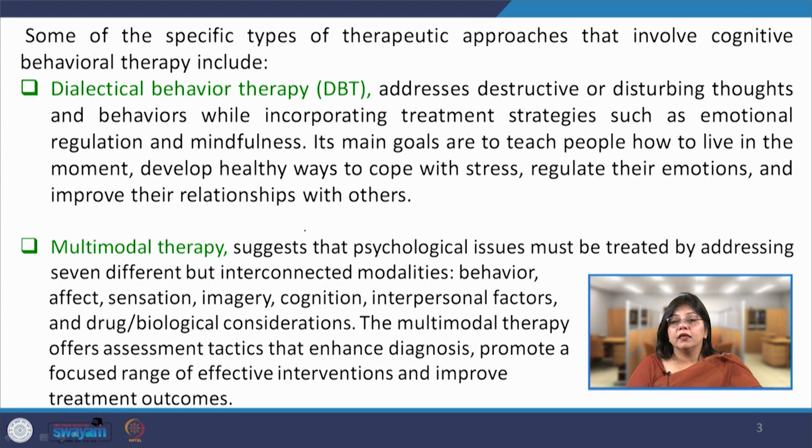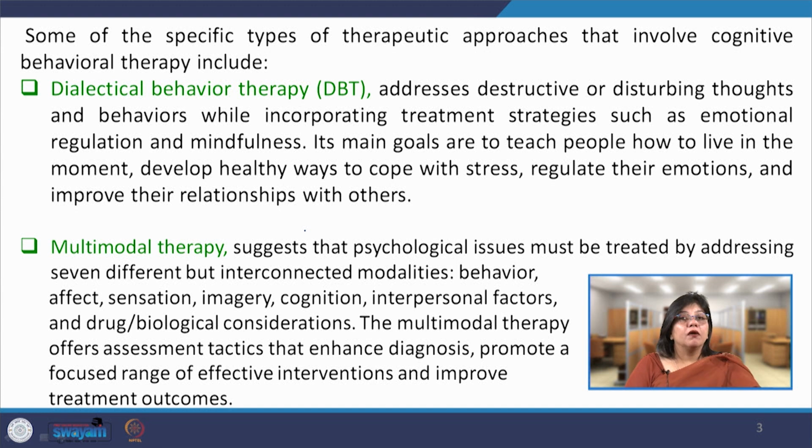Multimodal therapy basically identifies 7 different aspects or psychological issues that deal with the treatment and diagnosis. The first is affect, that is emotions, then behavior, imagery, cognition, interpersonal factors and drug or biological considerations.